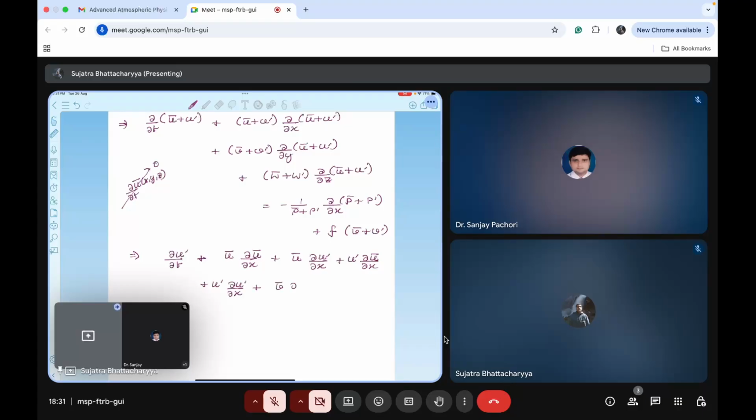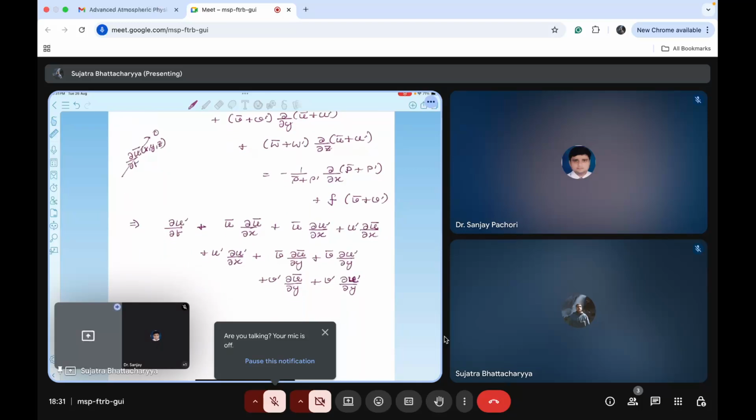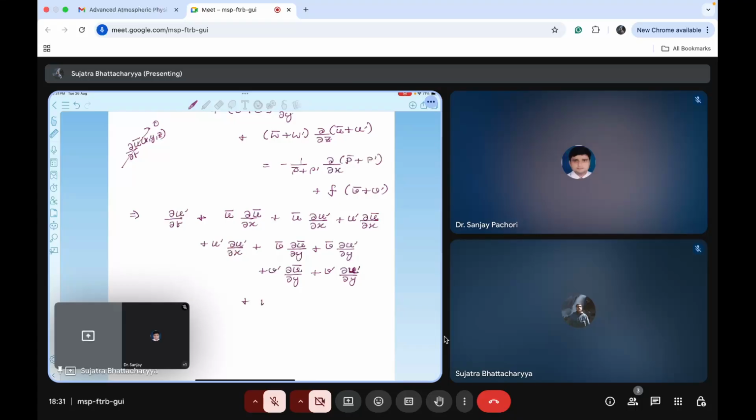Similarly, v bar ∂u bar/∂y plus v bar ∂u dash/∂y plus v dash ∂u bar/∂y plus v dash ∂u dash/∂y. Hectic in calculation part, but can be written. Then w bar ∂u bar/∂z plus w bar ∂u dash/∂z plus w dash ∂u bar/∂z plus w dash ∂u dash/∂z.